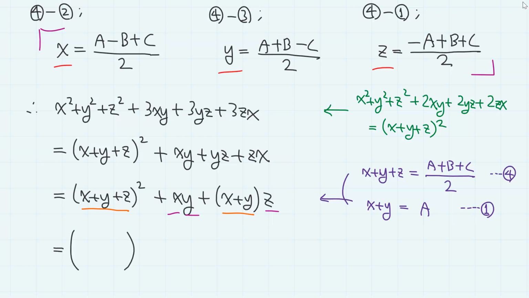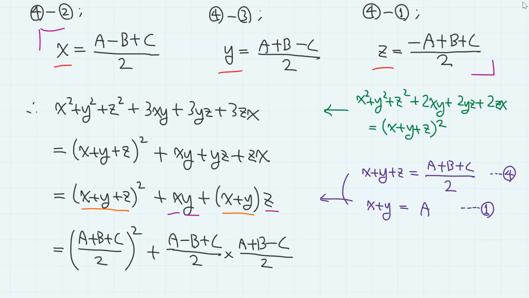So x plus y plus z, so ((a plus b plus c) over 2) squared, plus xy, so ((a minus b plus c) over 2) times ((a plus b minus c) over 2), plus x plus y is just a, so a times z, which is (minus a plus b plus c) over 2.